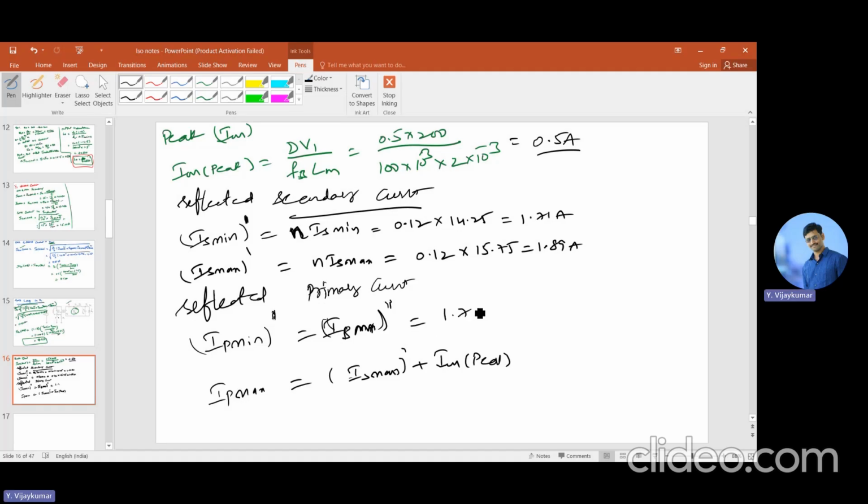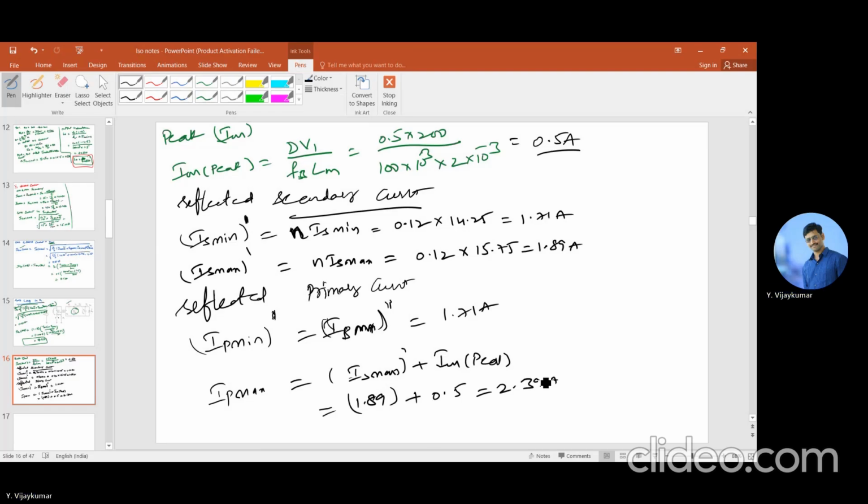That is equal to 1.71 amperes, and for the secondary peak current we have to add the current here. So IS maximum current is 1.89 plus magnetizing current 0.5, 2.39 amperes.